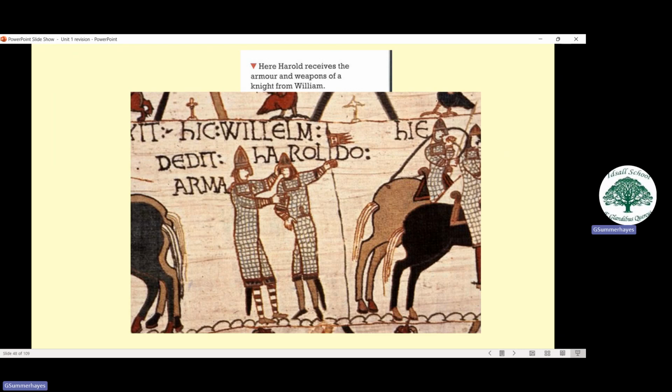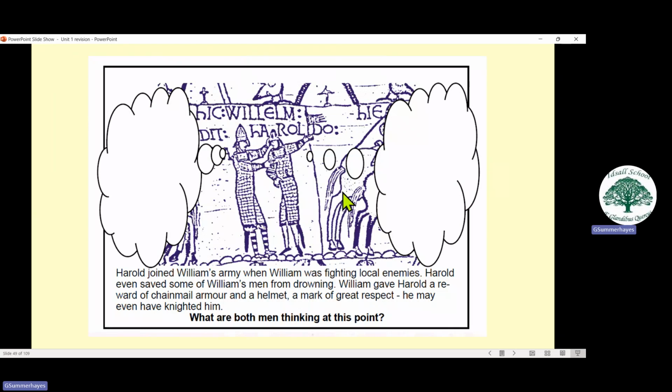And obviously, Harold had fought well because on the Bayeux Tapestry, which is biased towards William and not Harold, here's Harold getting a reward, weapons and armor from William. So apparently, Harold even saved some of William's men from drowning.